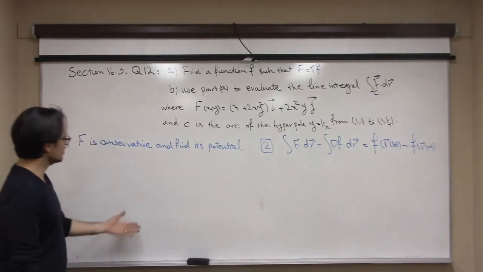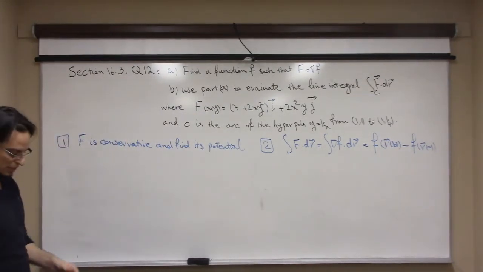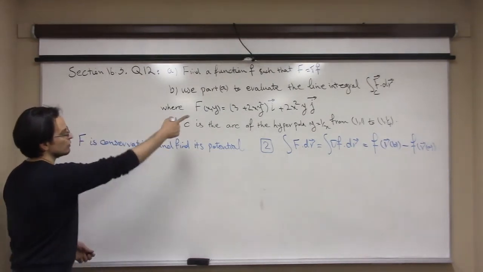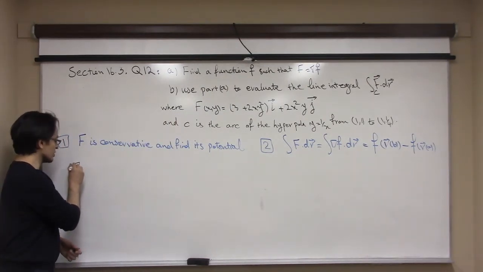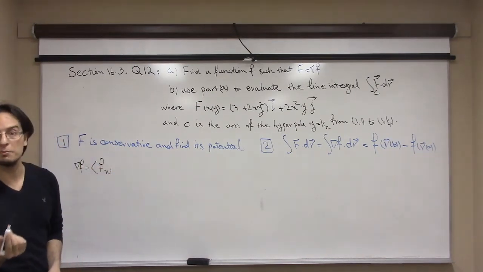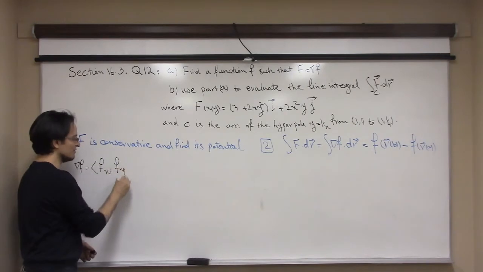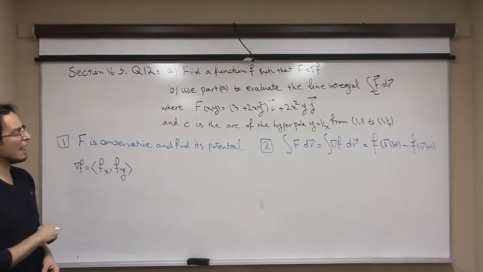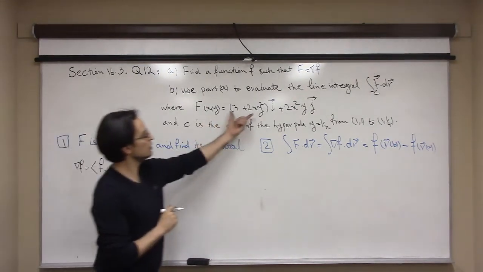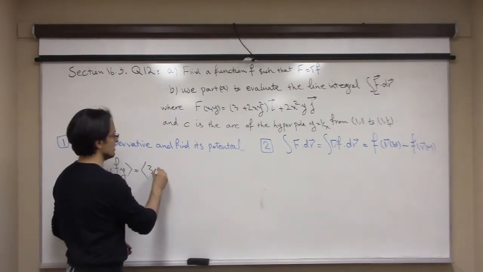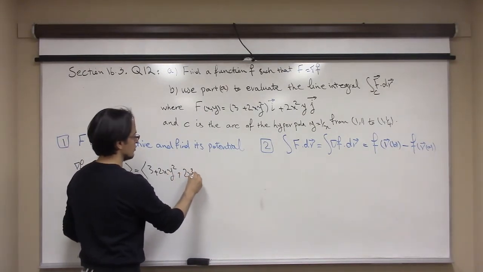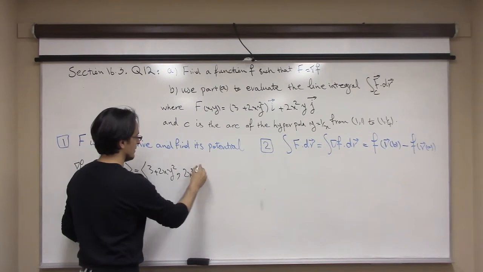So then we have to do part A. What is part A? It says find a function whose gradient is equal to that. The gradient of a function of two variables is (fx, fy). And this question says find f such that this is equal to this vector field, (3 + 2xy², 2x²y).